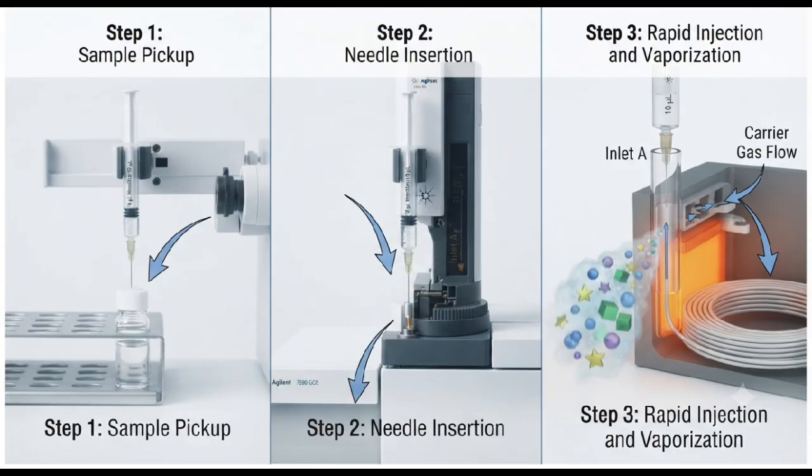Sample injection. Now the actual analysis begins. In a conventional injection system, a small amount of sample is introduced into the GC inlet. The inlet is maintained at an elevated temperature so that the volatile components of the sample can vaporize rapidly.